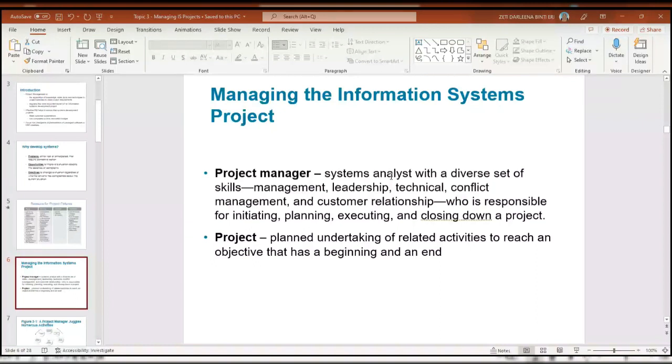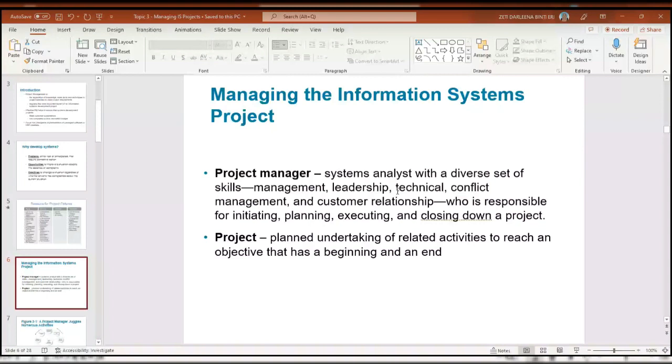System analyst with a diverse set of skills. So he has to have skills related to managing the project. One is management skill, leadership and technical as well. So he has to be engaged and know the technical side of system development, including programming, including coding.